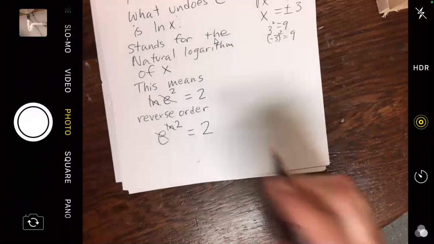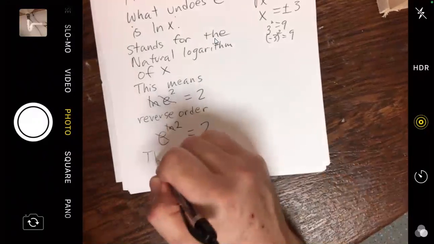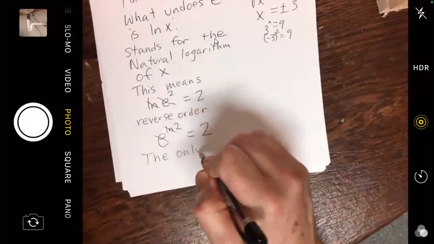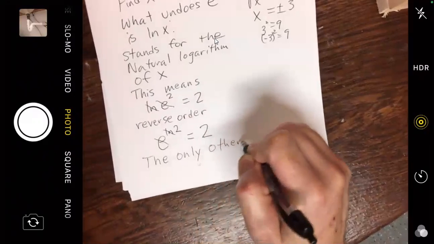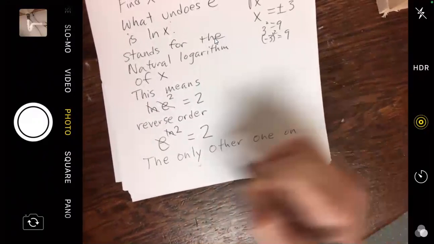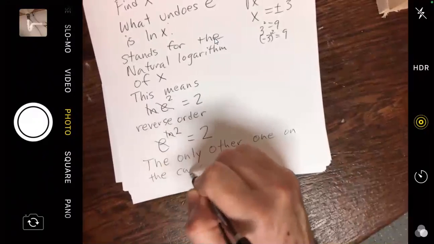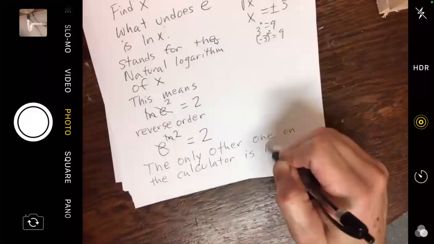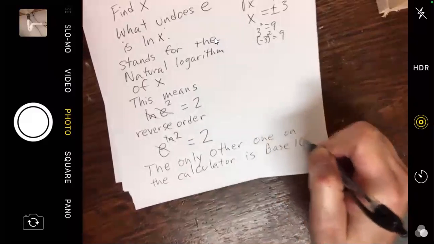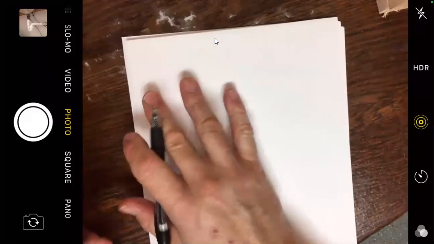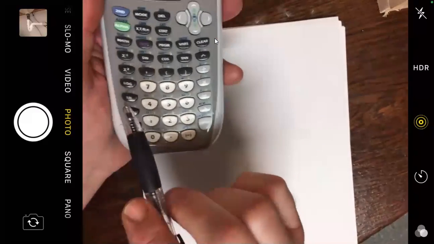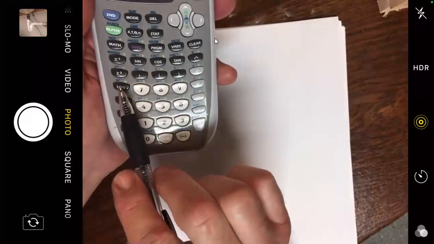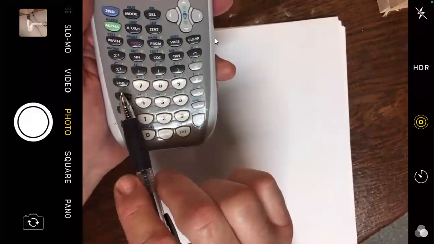Okay. The only other one on the calculator is base 10. If you'll notice, 10 to the x is above this LOG key.